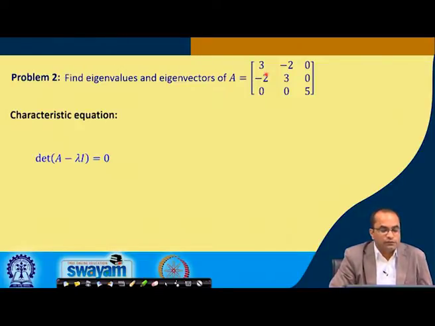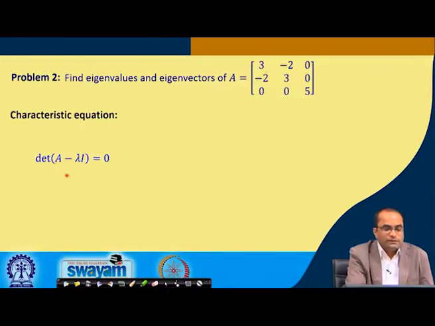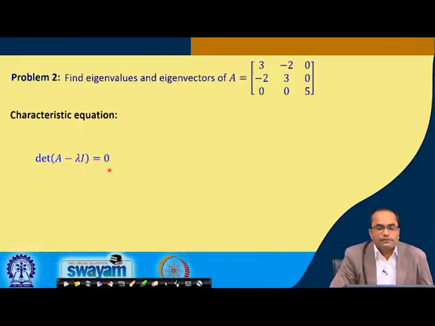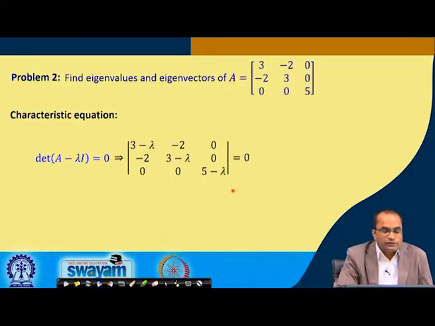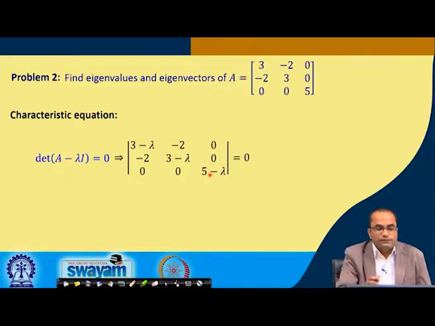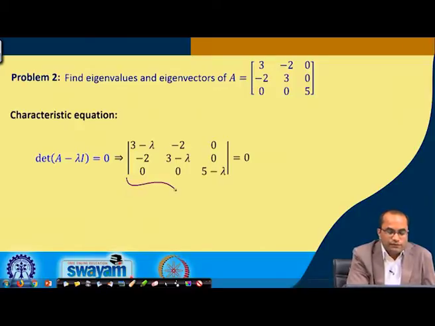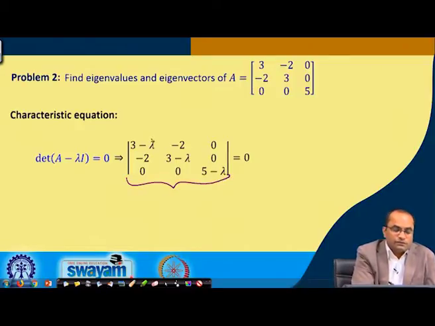So, the characteristic equation will be the determinant of A minus lambda I. We have to subtract lambda from all the diagonal entries, which are 3, 3 and 5. Then we have to evaluate this determinant, which is not so difficult.